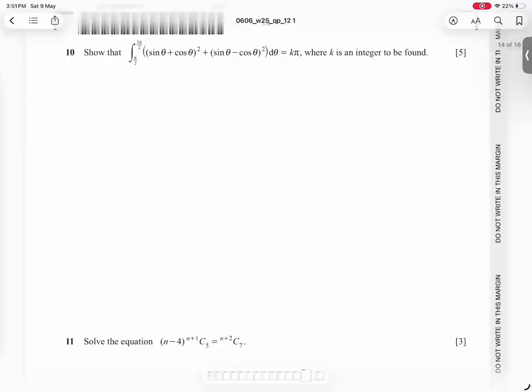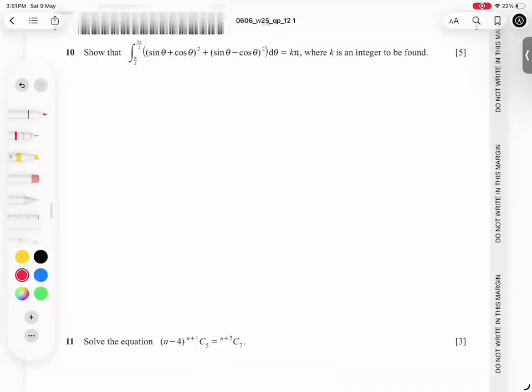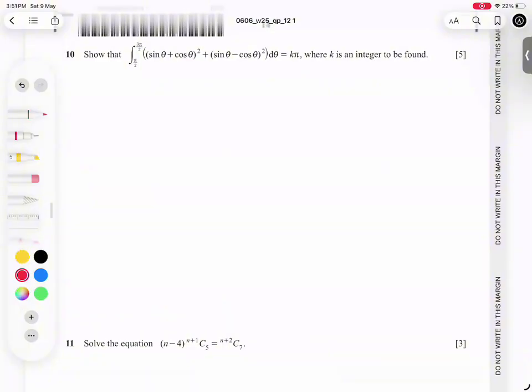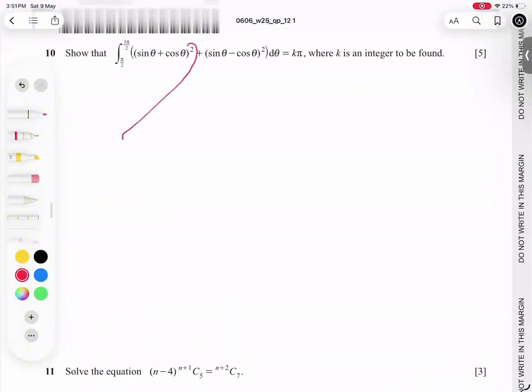Question number 10, students, we have here. First of all, you can see on top we can apply the squaring identity. So when I apply the squaring identity: first term square, positive 2 into first term into second term, and plus second term square.